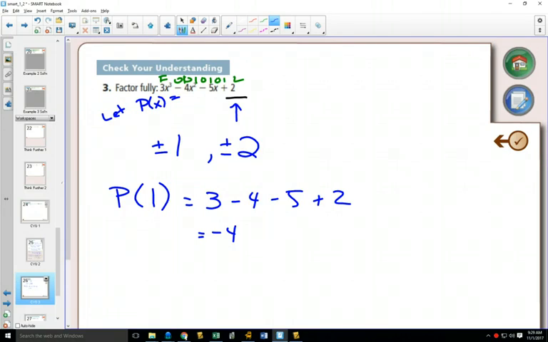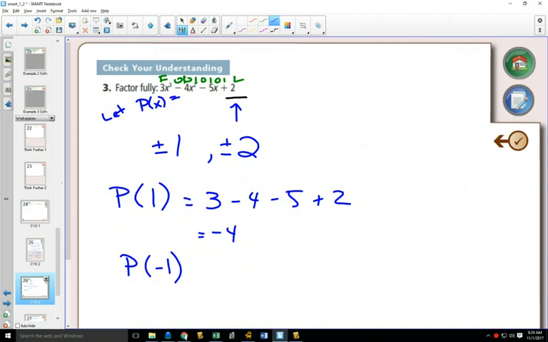Worst case scenario is you get unlucky and choose all the wrong ones first before you finally choose the right one. Personally, I like choosing 1 and negative 1 first because with the remainder theorem, those ones provide the easiest mental math.